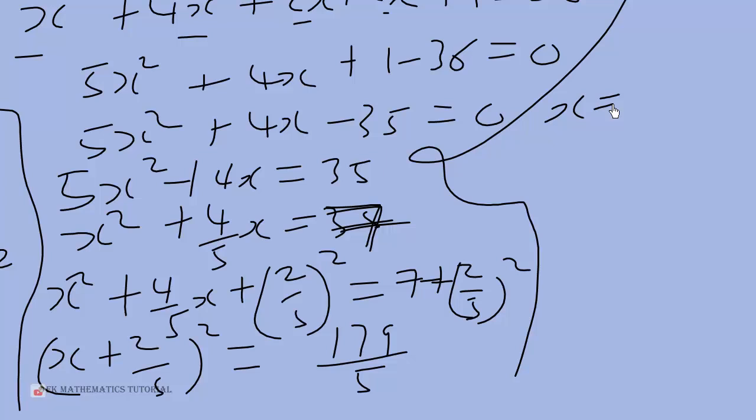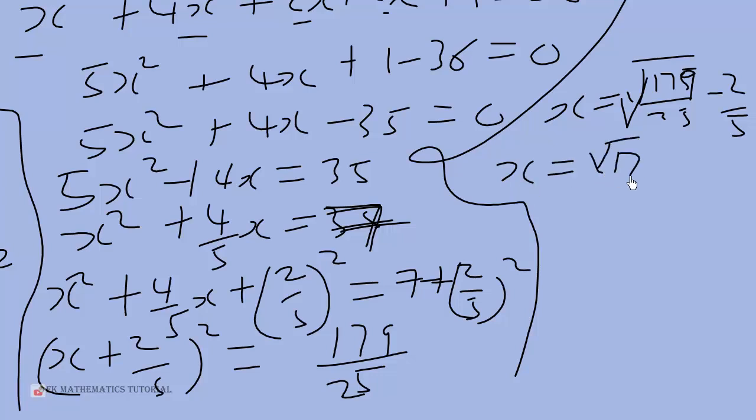So positive square root of 179 over 25, minus 2 over 5. So this will give us x to be equal to square root of 179 over 5 minus 2 over 5.